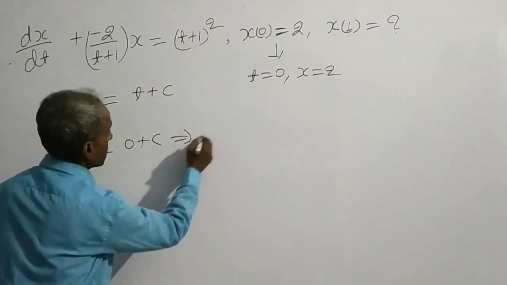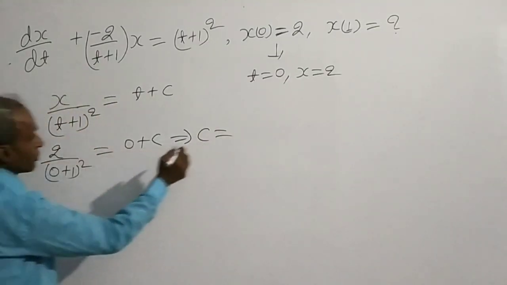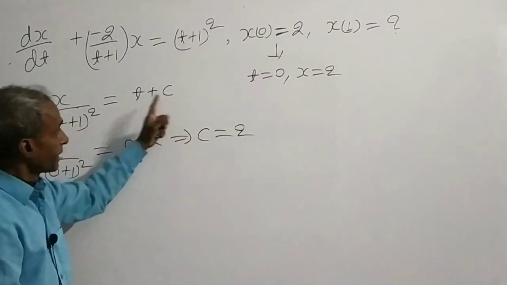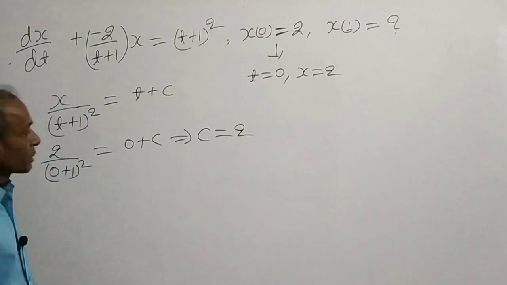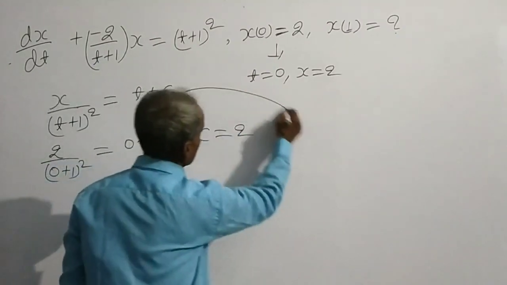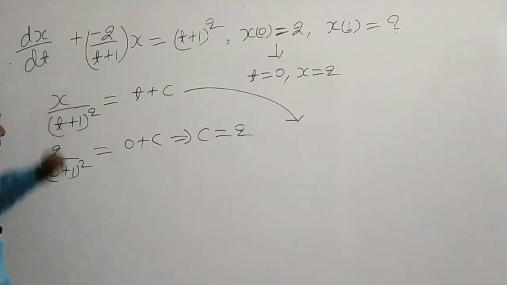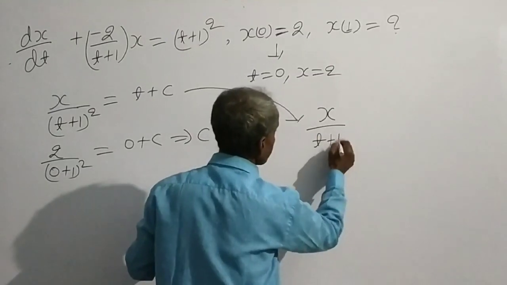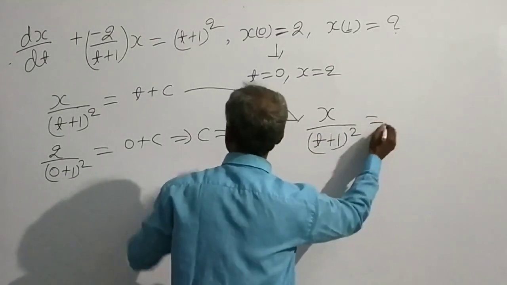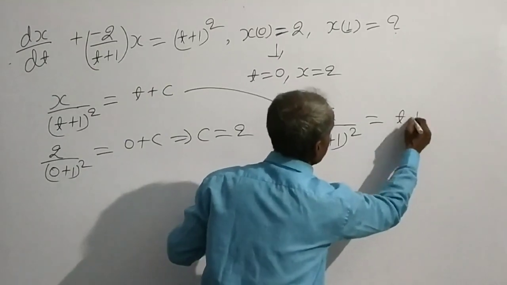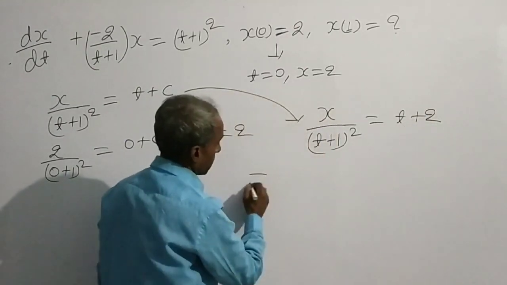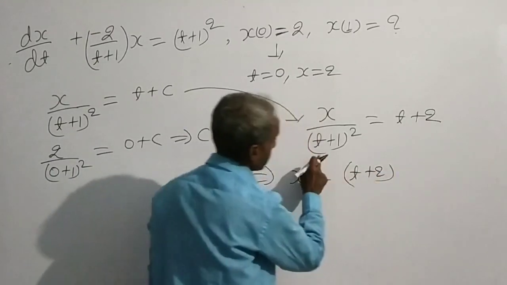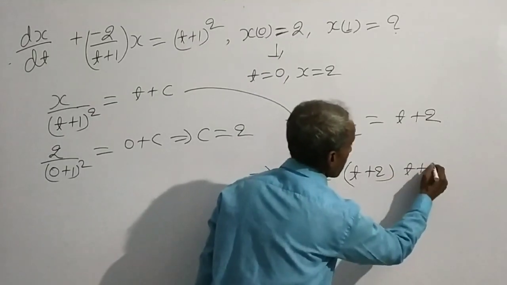This implies c is equal to 2. When we write 2 in place of c, we get the particular solution. Therefore, the particular solution of this differential equation will be x by t plus 1 square is equal to t plus 2. This implies x is equal to t plus 2 times t plus 1 square.